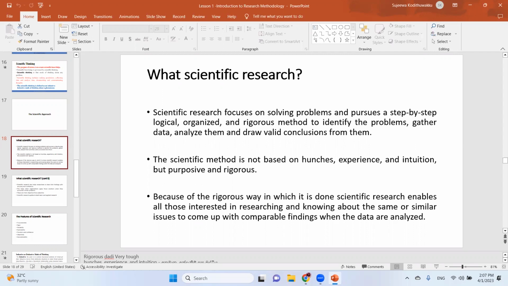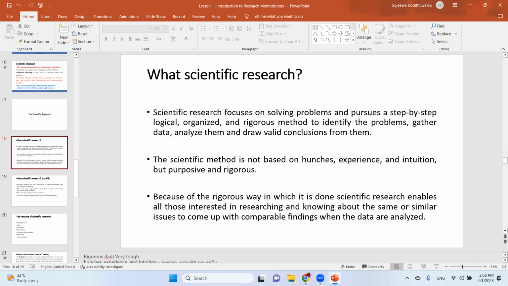The scientific research process includes a step-by-step logical process. Basically you identify the problem, then collect information for the particular problem, then analyze it properly, and finally provide a conclusion and recommendation to overcome those problems or issues. So that's the idea of scientific research.